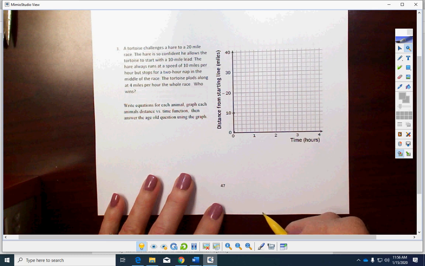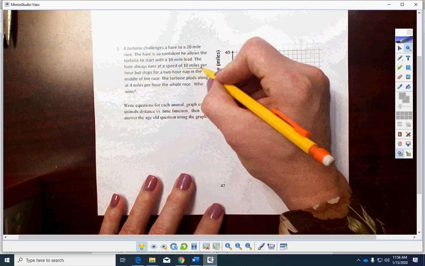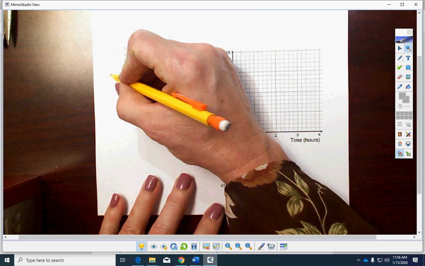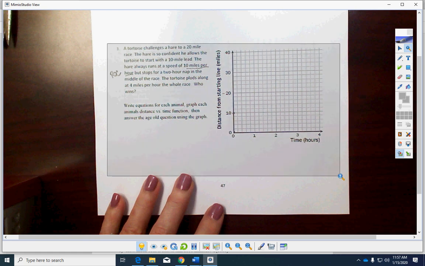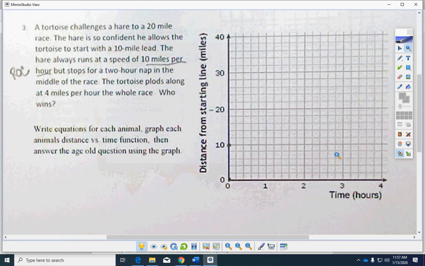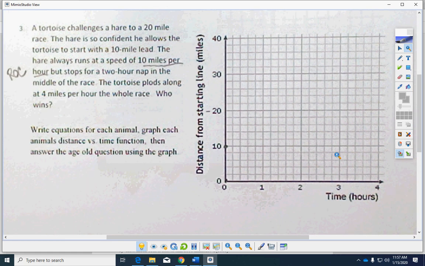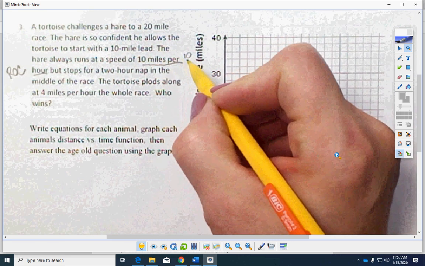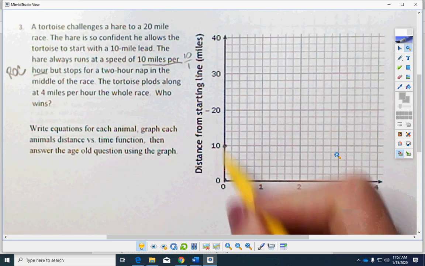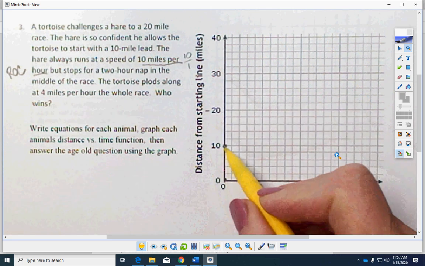The hare always runs at a speed of 10 miles per hour. So 10 miles per hour, this is my rate of change. So it's like we're going up 10 over 1. Be careful with what your scale looks like, though.